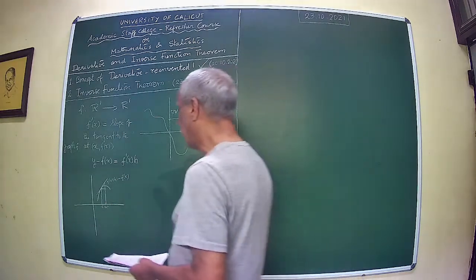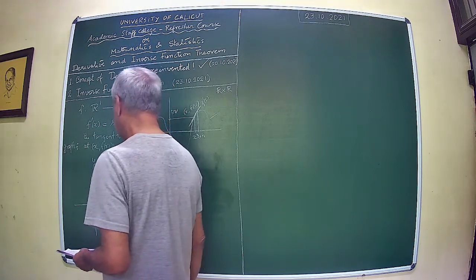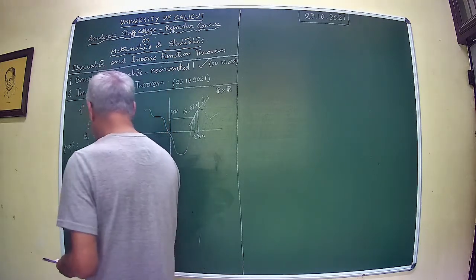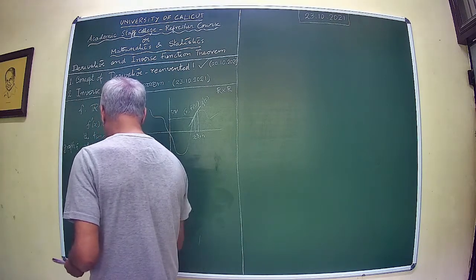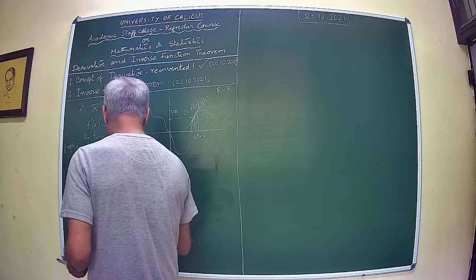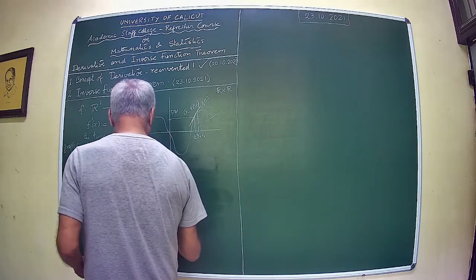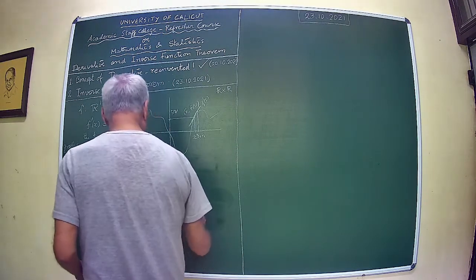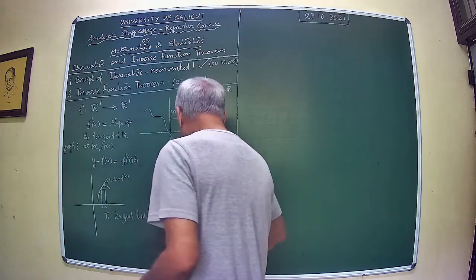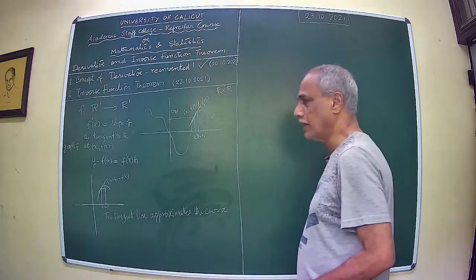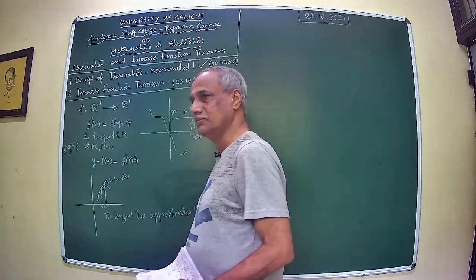So you have a line whose equation you can write, and that line, the tangent line, approximates the curve, or in short, locally you are approximating the curve by a tangent line.